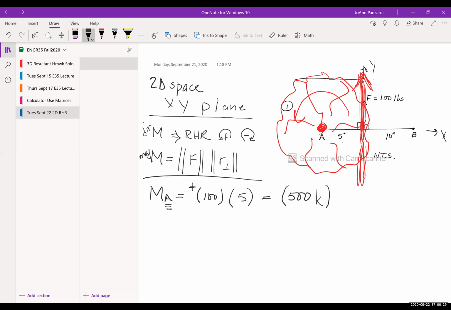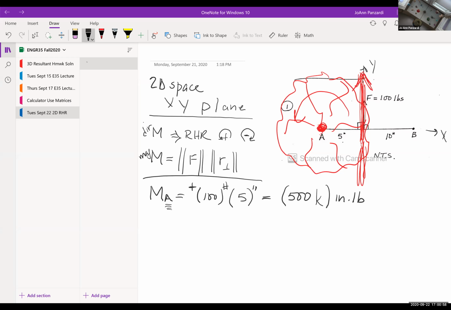So pounds per inch? Is it 5 inch per pound? The 5 is in inches and the 100 is in pounds. You're multiplying the force times the distance, so it has to be, and remember in the overview I showed you what the units are, in English it's going to be inch pound.